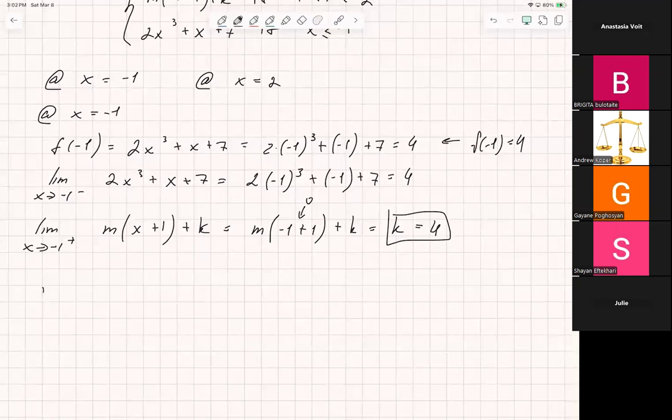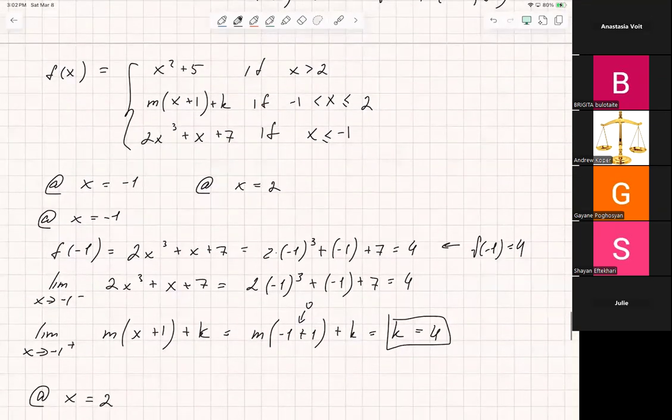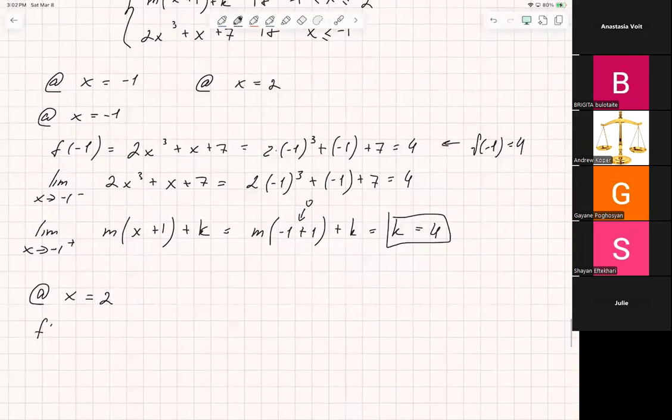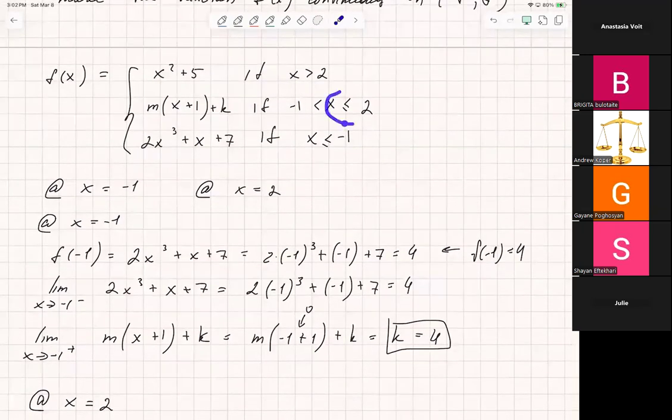Now, as x approaches 2, we need to check the limits again from the left, from the right, and at the point. So at the point f of 2, we will be using this function, m times (x plus 1) plus k.